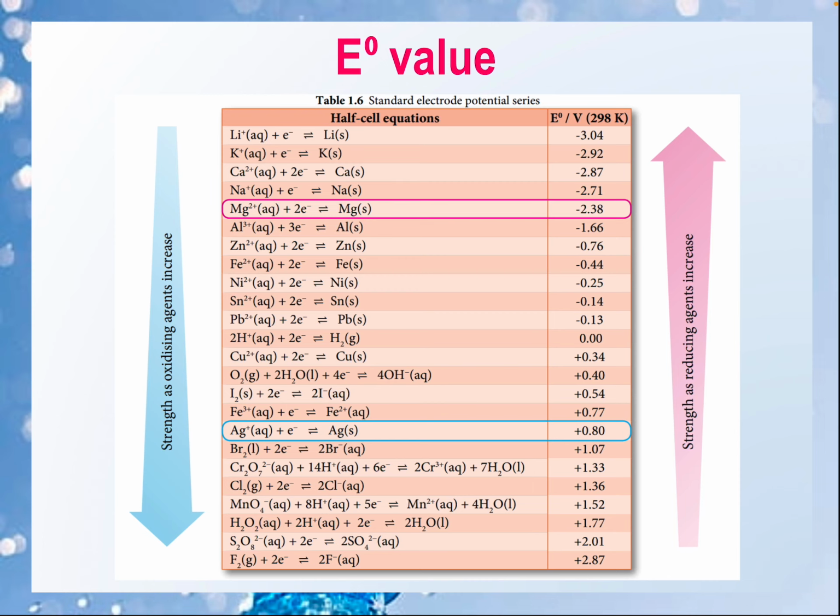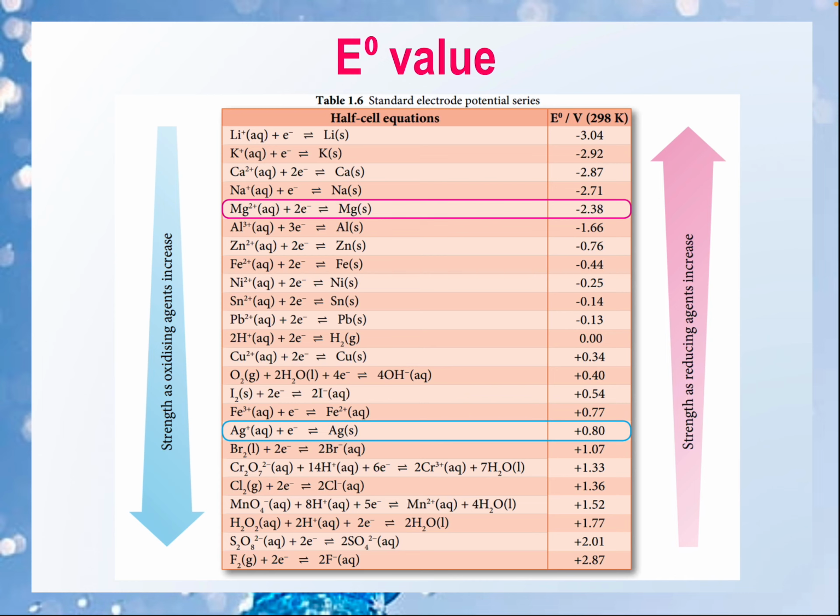Apa yang cikgu cakap, the concept akan apply yang sama. The more negative the ions ataupun the metals, dia akan undergo oxidation by releasing electrons. Siapa yang more positive akan undergo reduction by receiving electrons.